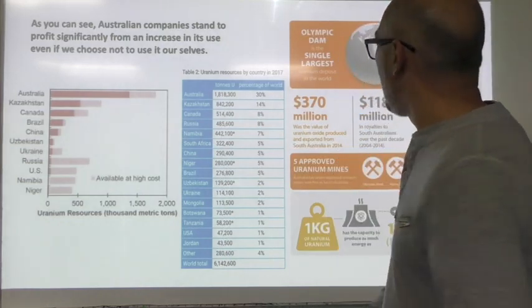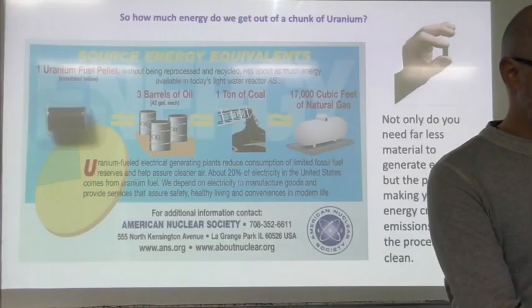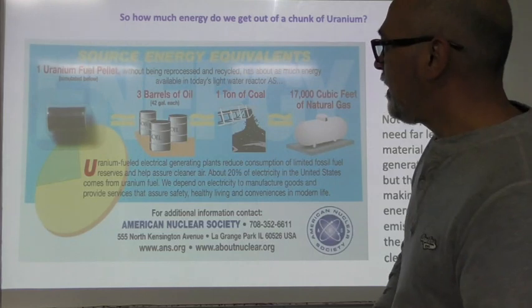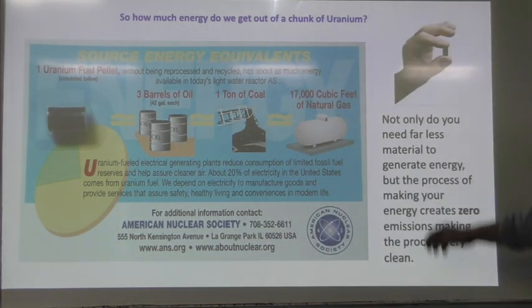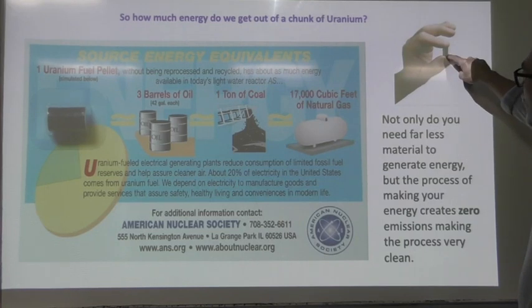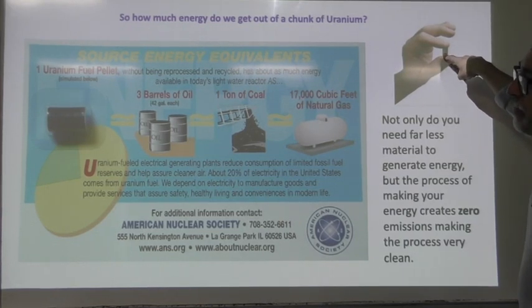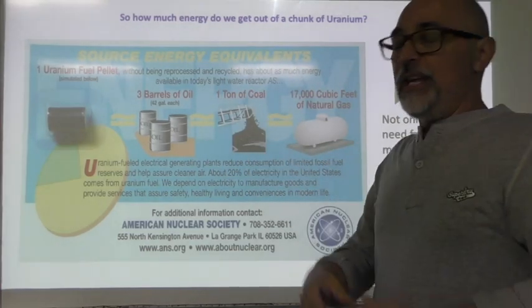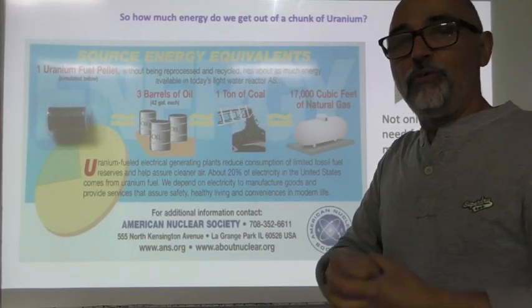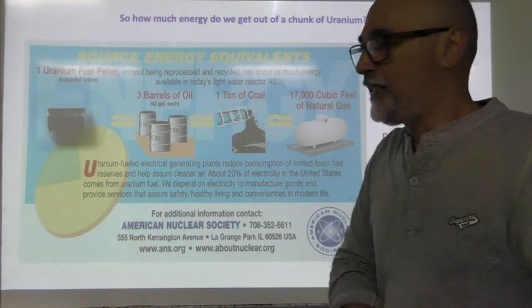And when you look at this slide here, you can see how much energy it's worth. I've included an image here of a man's hand holding what is basically a uranium pellet. These little black pellets, about that big, thousands of them are used to fill the rods inside a nuclear reactor.